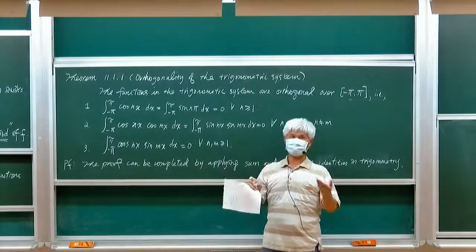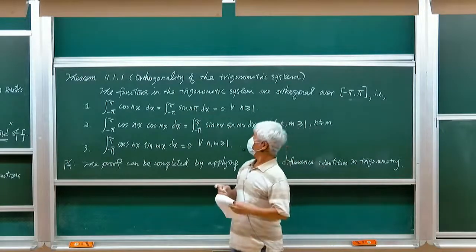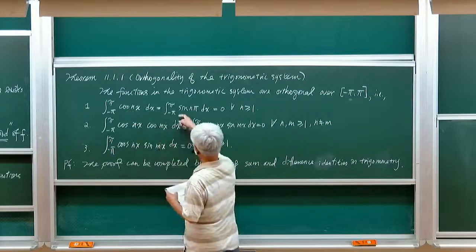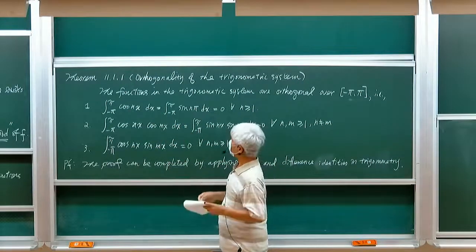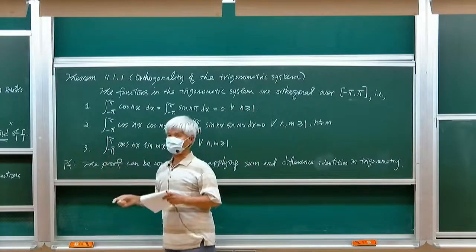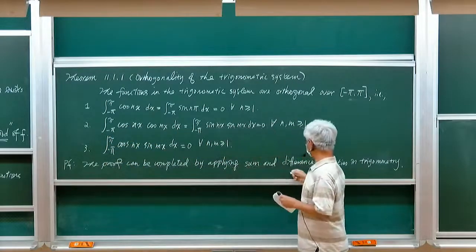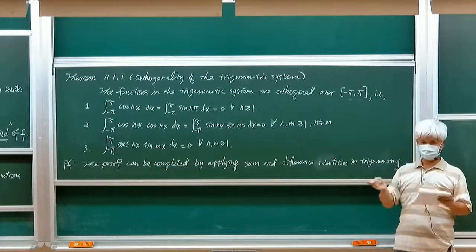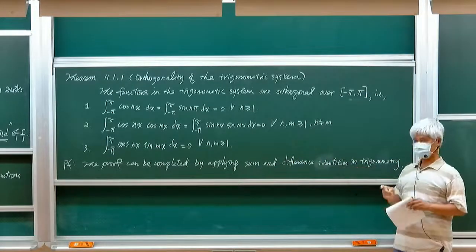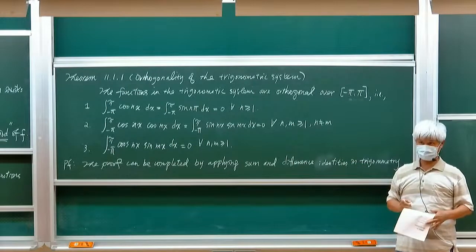So now, okay, so you will have this one. The first one is very simple, just by using antiderivatives, and the second and third ones are by using the sum and difference identities in trigonometry. Okay, you have learned them, maybe dating back to your senior high school.